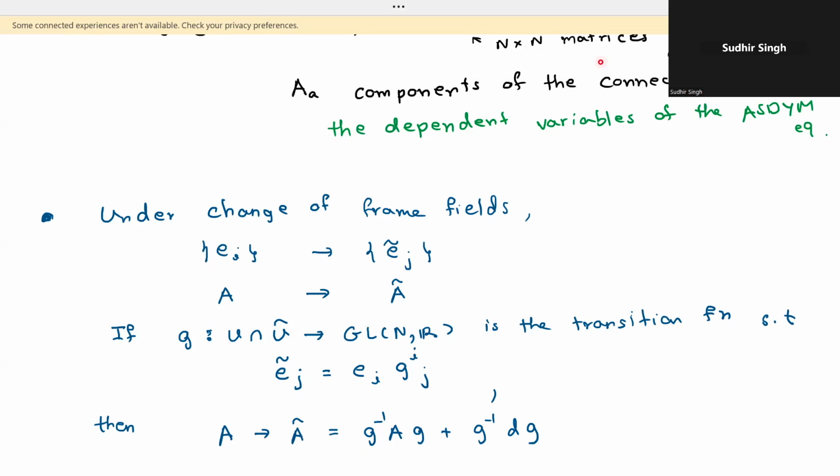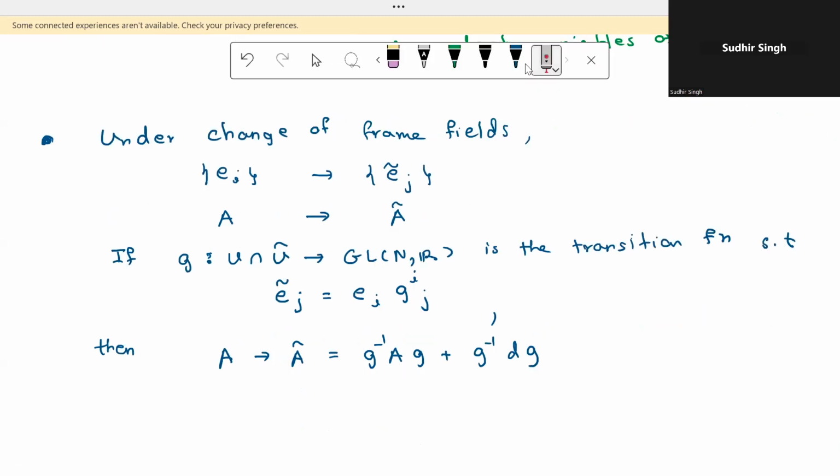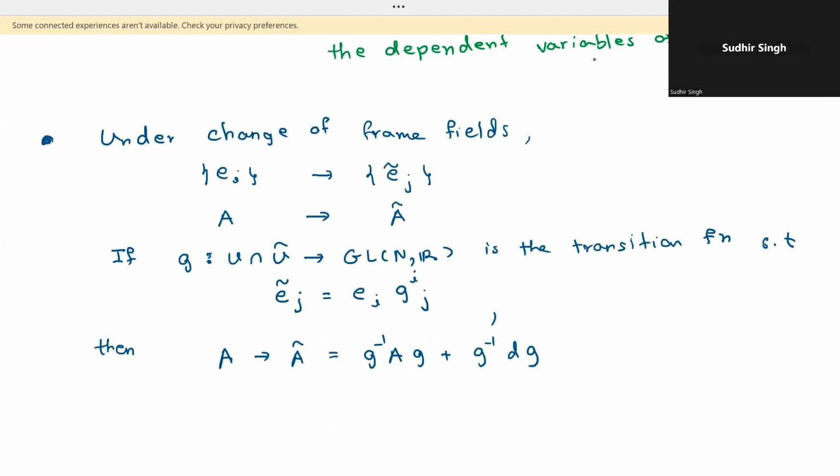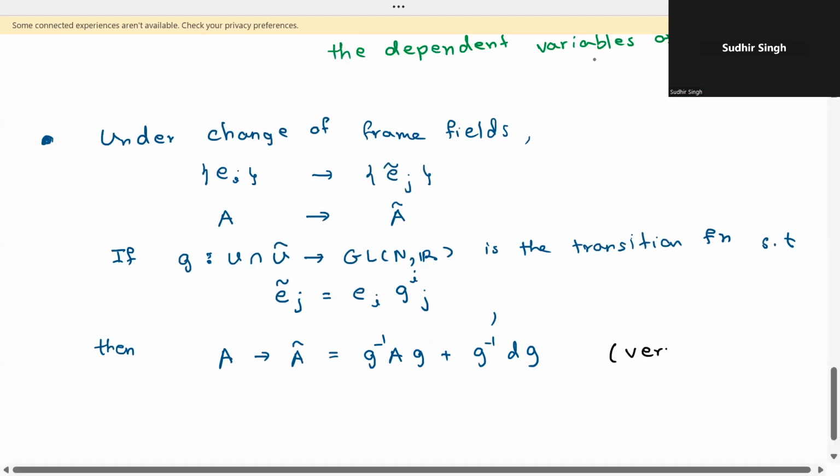It's valued actually in GL(n, R), so it has an inverse. Yes, and so this A will change to this: you do conjugation, and then add this term. dG just means that for each entry of the matrix G, you take the differential of each entry, which are functions. So you have a one form. Yeah. Okay. And I would not have time to write it down, so I will have to ask you to verify this. Okay.